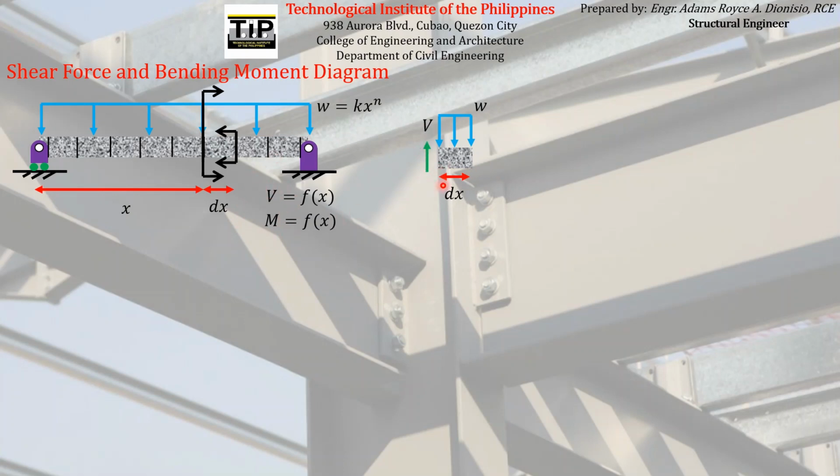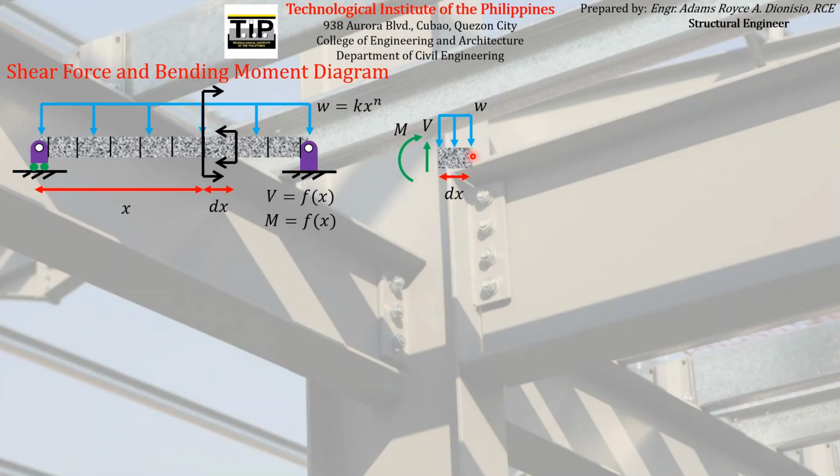So let's just assume the positive senses of the shear force and bending moment acting on this face. This is the positive sense of the shear force and bending moment acting on this face. And like what I have said before, the shear and bending moment vary along the length of the beam, meaning the magnitude of the shear and bending moment at this point is different from this point.